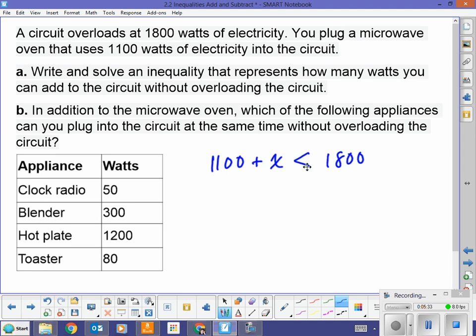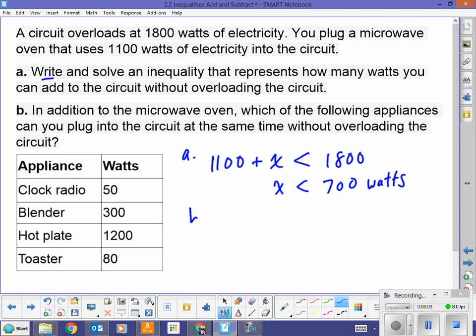So if it's equal to, it will overload. So this has to be just less than 1800. There's the inequality. Now we'll solve. So if I subtract 1100 from both sides, X has to be less than 700 watts. Okay, so there's write and solve.